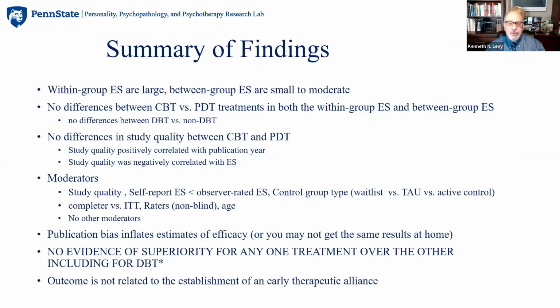So I'll just summarize some of these findings real quickly, and make the point that we did not find evidence of superiority of any treatment over another, and that all the empirically supported treatments seem to have about the same level of effect, a level of effect that is better than the non-specified treatments, and certainly better than people not being in treatment.